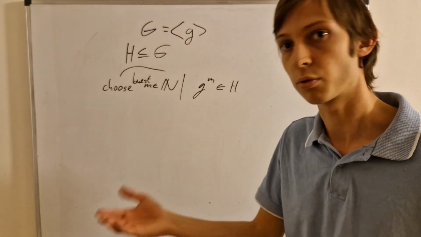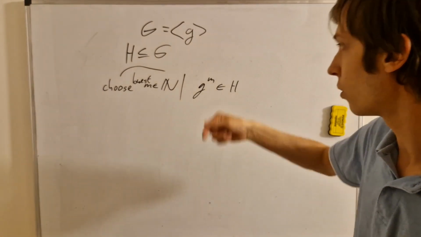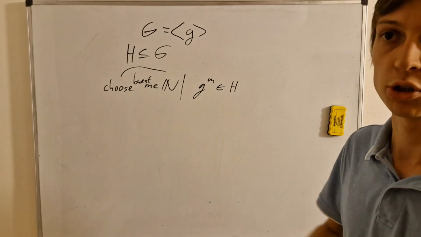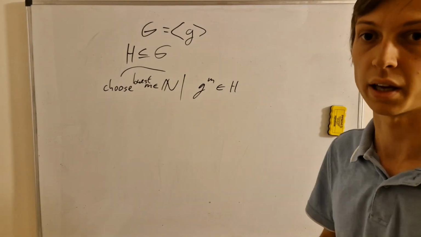But g to the second or third, some higher positive integer, finally is the lowest possible such that g to the m is actually inside H.